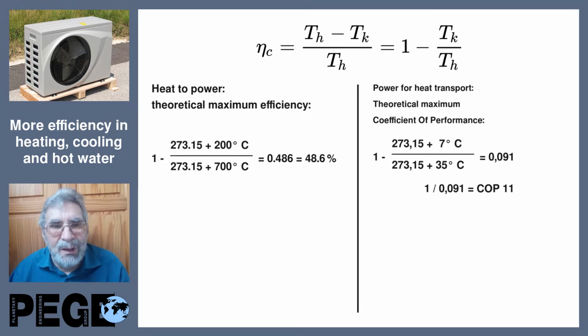It's 11, and 11 is in this case the maximum possible coefficient of performance. This means I put 1 kilowatt mechanical power into the system and I get 11 kilowatt heat out of the system. Normally heat pumps reach about 40 to 45% of this theoretically possible maximum coefficient of performance.